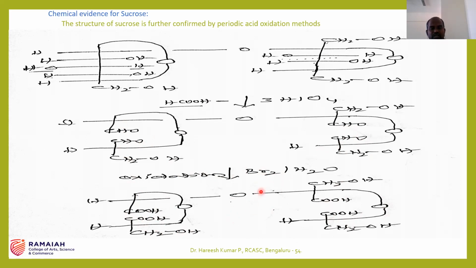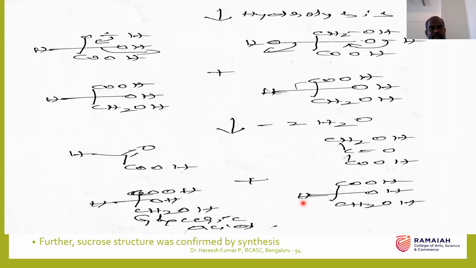Hydrolysis means glycosidic hydrolysis as well as furanose hydrolysis. This moiety is subjected to hydrolysis, which I am explaining in the next slide. So on hydrolysis, this part is coming. This is one fragment, this is another. Four fragments are coming.